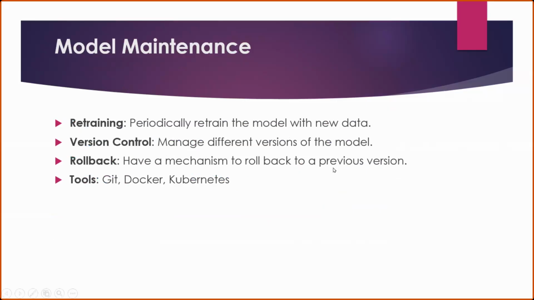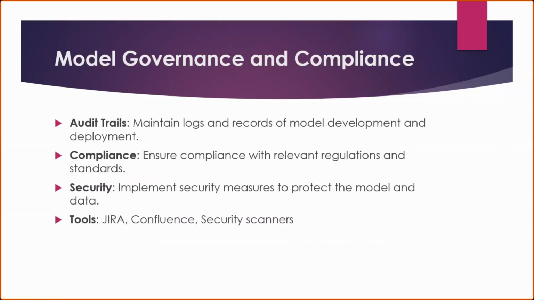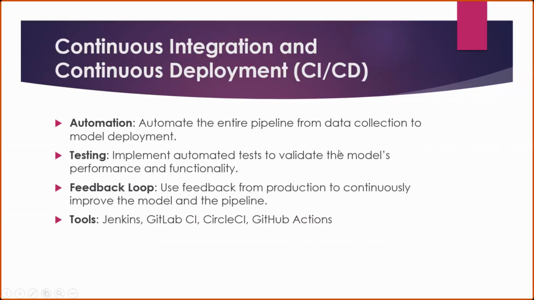Model governance and compliance: audit trail, maintaining logs and records of model development and deployment. Compliance, ensuring compliance with relevant regulations and standards. Security, implementing security measures to protect the model and data. Tools like Jira, Confluence, and security scanners are used.